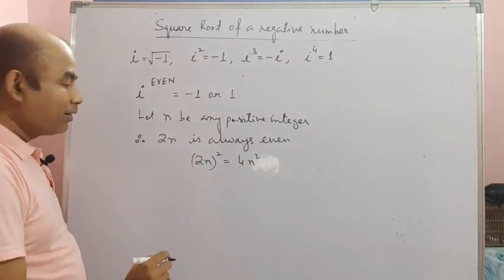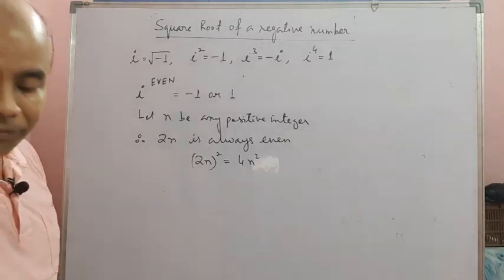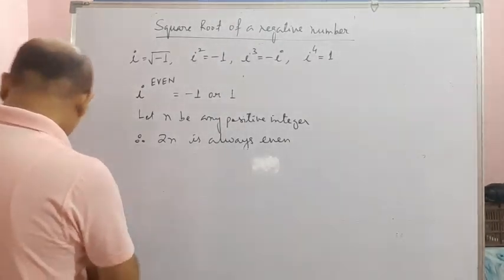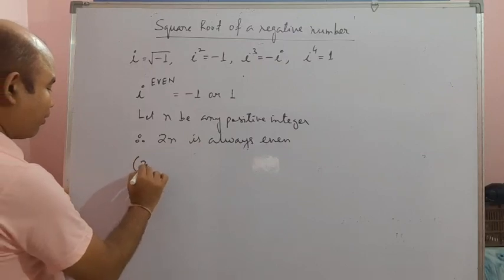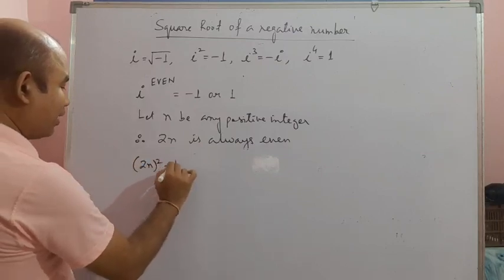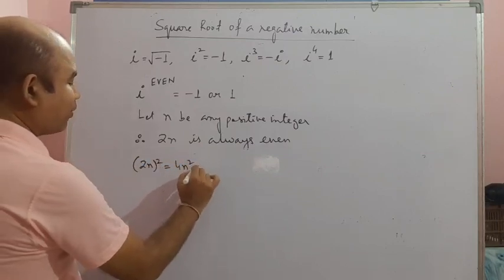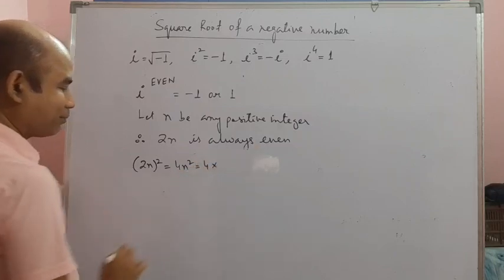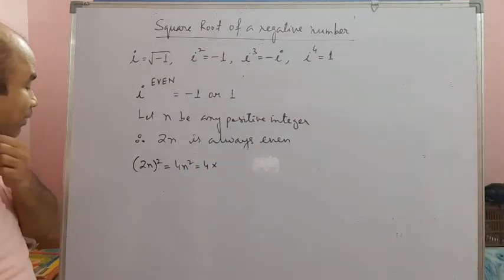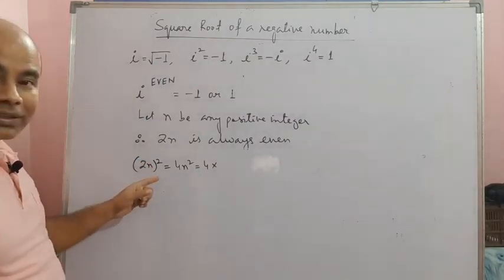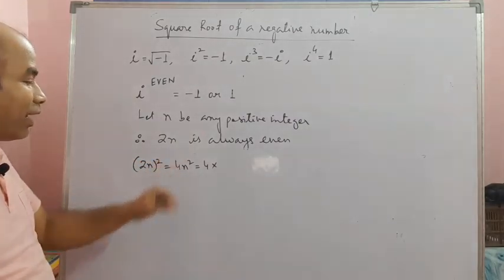Clear? So I have calculated the square of the even number 2n. It is 4 into n square, or 4 into something. That means 4 is always a factor of the square of any even number.